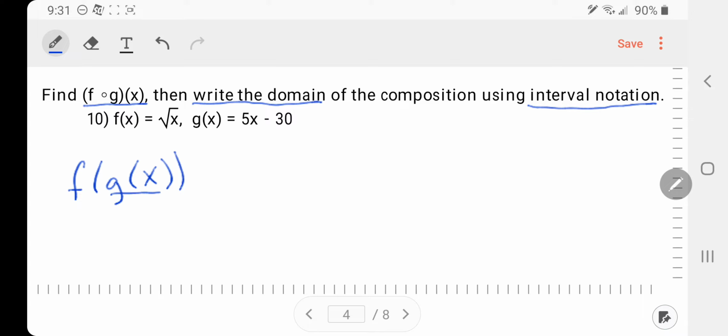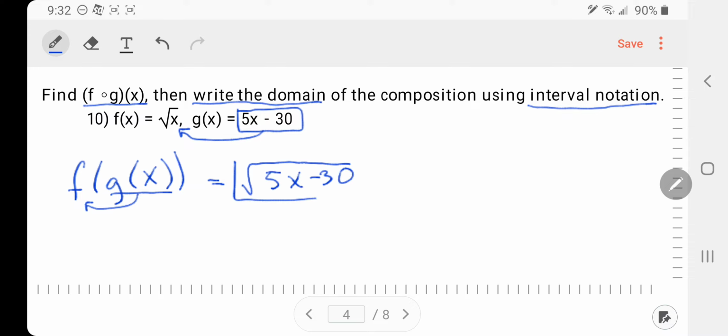And that means we're going to plug all of g of x into f of x. All of this stuff plugged into f. And so that's going to give me the square root of 5x minus 30. Bam, and that's done. That is the composition.